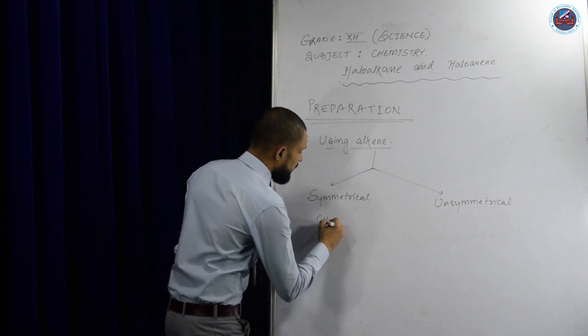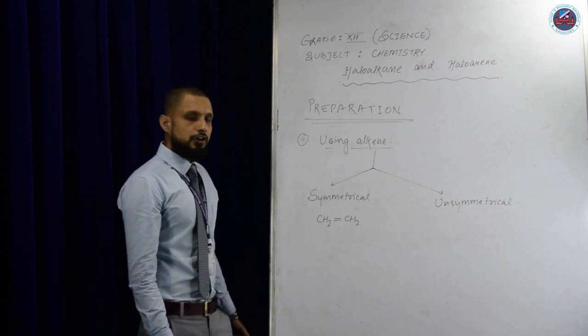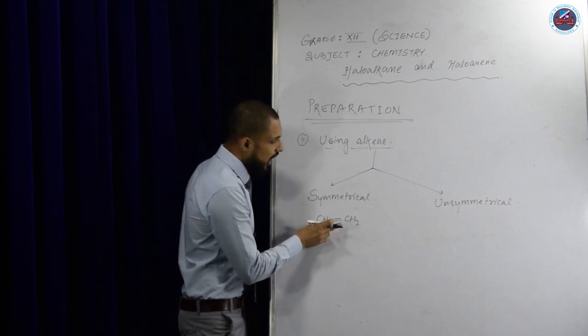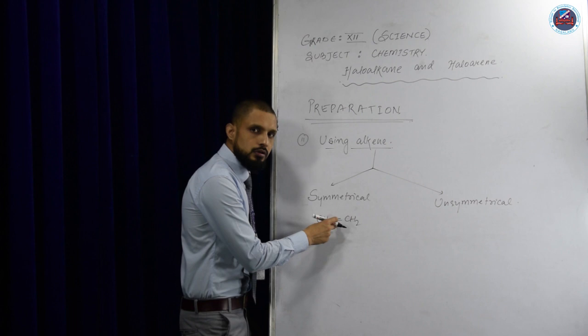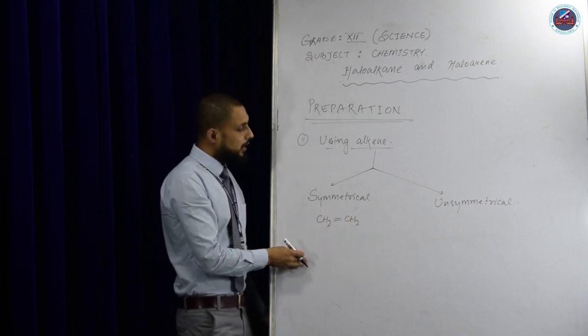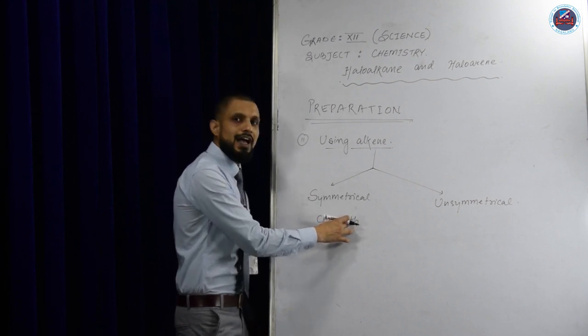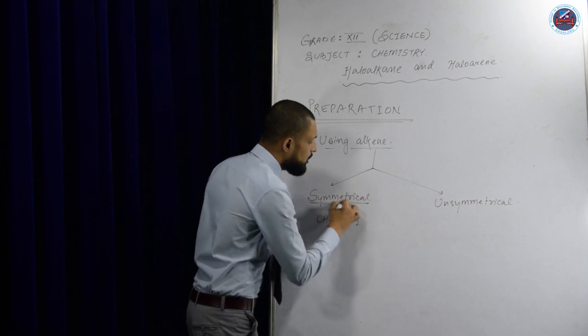So let us take this alkene, CH2 double bond CH2. Now you can see in this alkene, the carbons forming double bond have equal number of hydrogen. So if in an alkene, the carbons forming double bond have equal number of hydrogen, the alkene is known as symmetrical alkene.